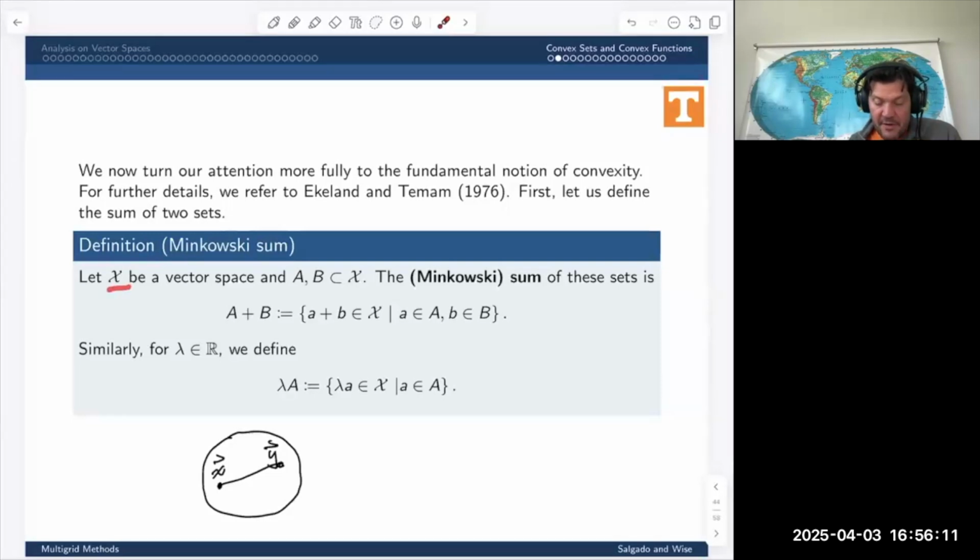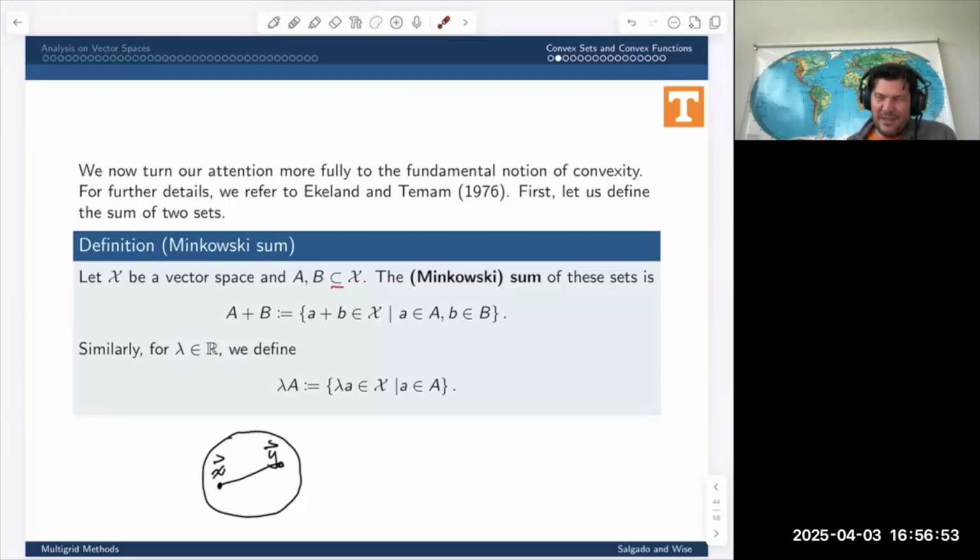Suppose that X is a vector space and A, B are subsets of X. Then the Minkowski sum of these two sets is written A plus B, and it's the set of all points a plus b in X such that a comes from A and b comes from B, the so-called Minkowski sum.